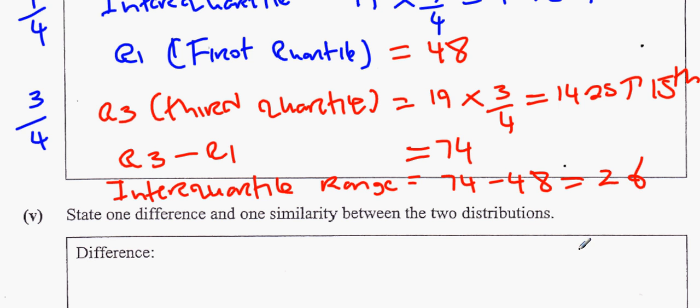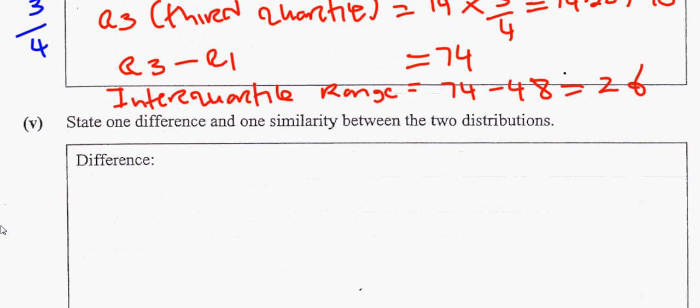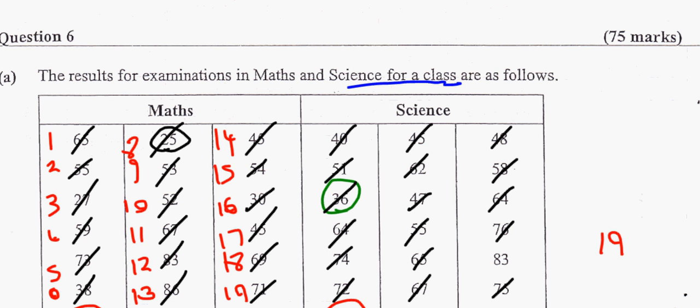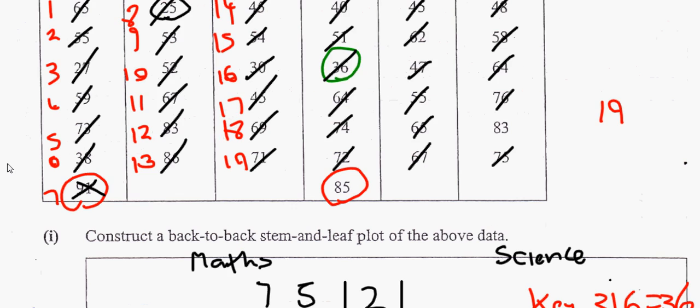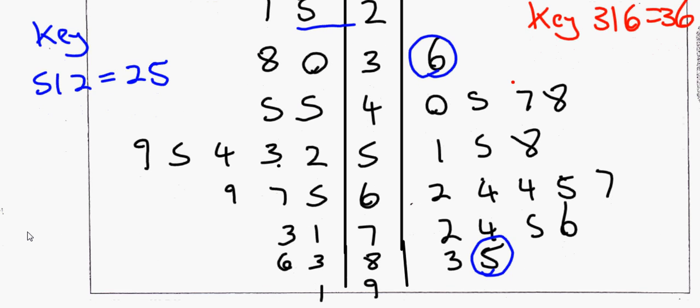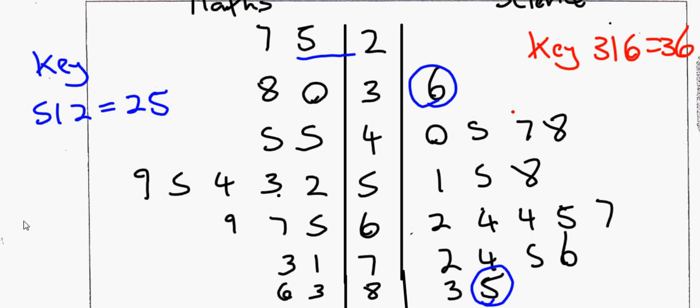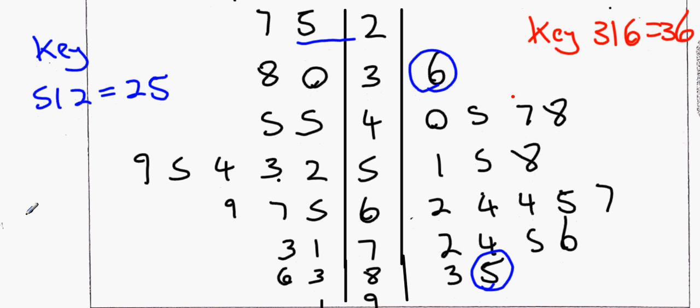State one difference or one similarity between the two distributions. Okay, so let's look at the distributions. One difference is we can obviously see that the range in maths is going to be a lot higher.